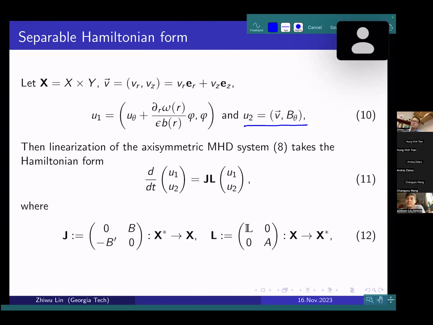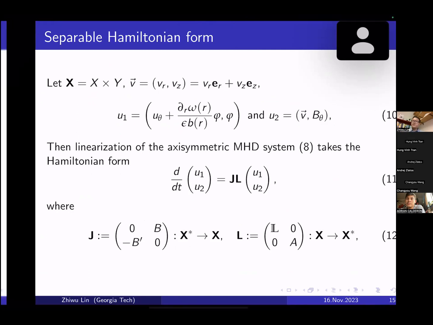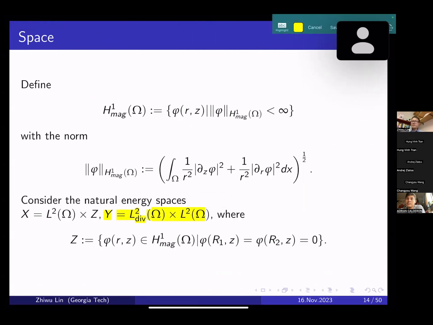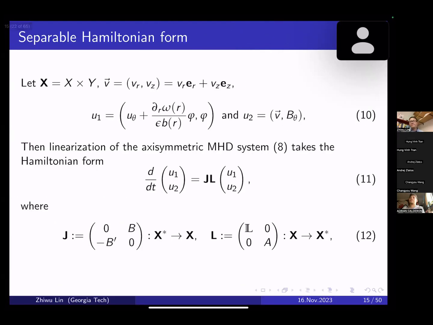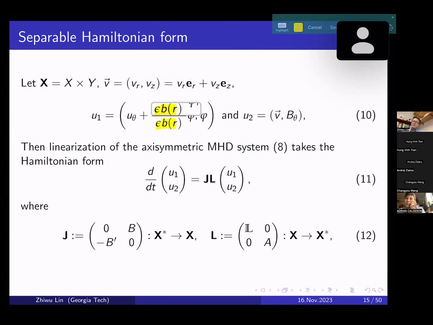So let's call it U2, which is in the space Y. And for the other group, we call it U1. The first component of U1 is U theta, the theta component of the velocity, plus this function, which depends on the steady solution, partial R omega over epsilon B, times phi. Phi is the magnetic potential, and the other component is the magnetic potential.